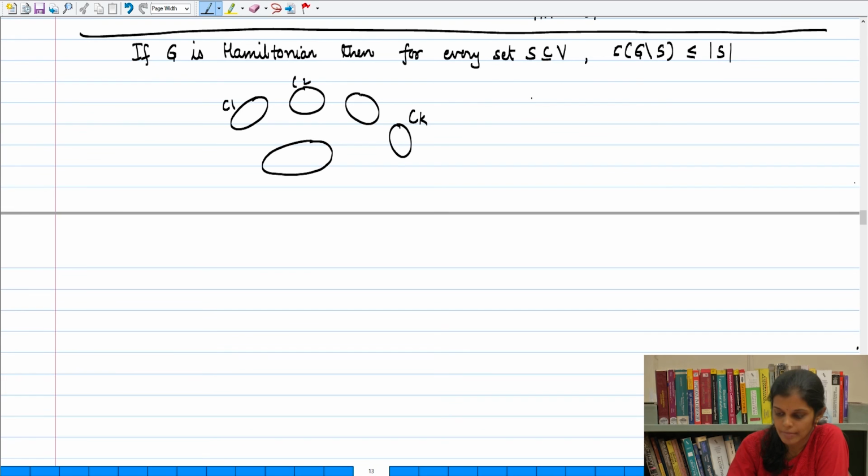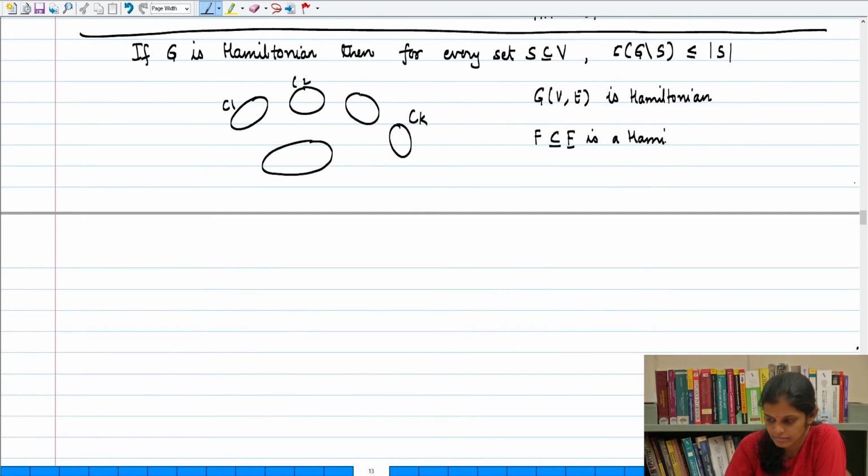And there is also a Hamiltonian cycle, so G is Hamiltonian. So let us say that F, which is a subset of the edge set, is a Hamiltonian cycle. This is the set S that we have.